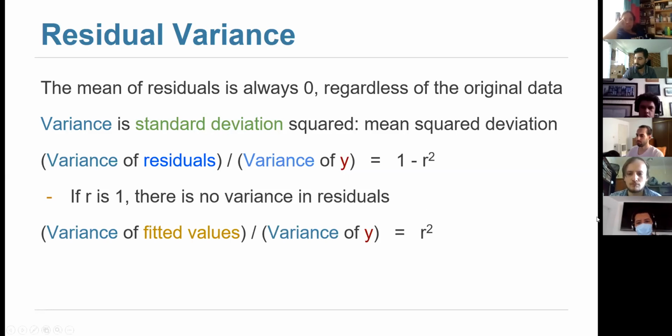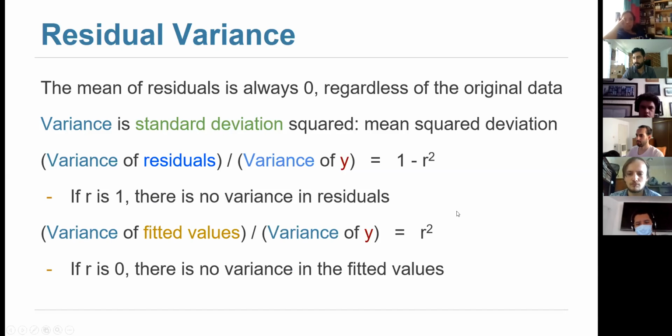If R is 0, there is no variance in the fitted values. Is it clear? It's a pretty rational conclusion, right? Because if R is 0, all the fitted values on the y-axis fall at this 0. So there is no variance in the fitted value when R is 0.